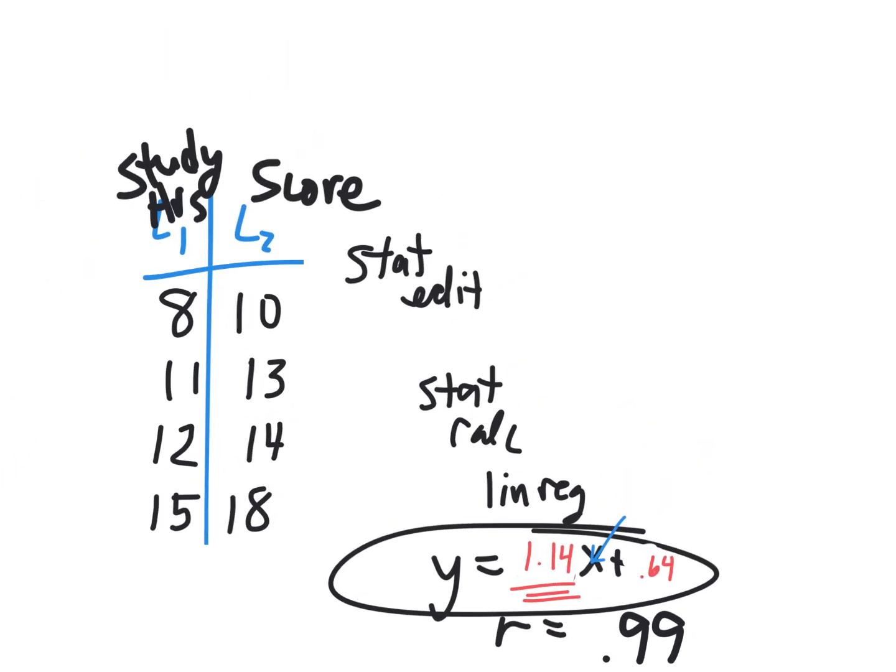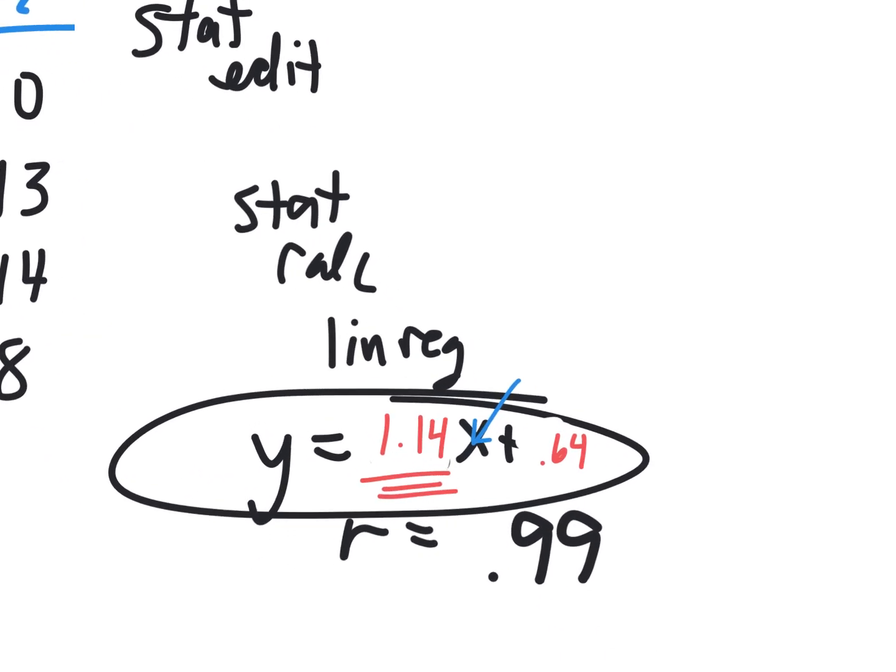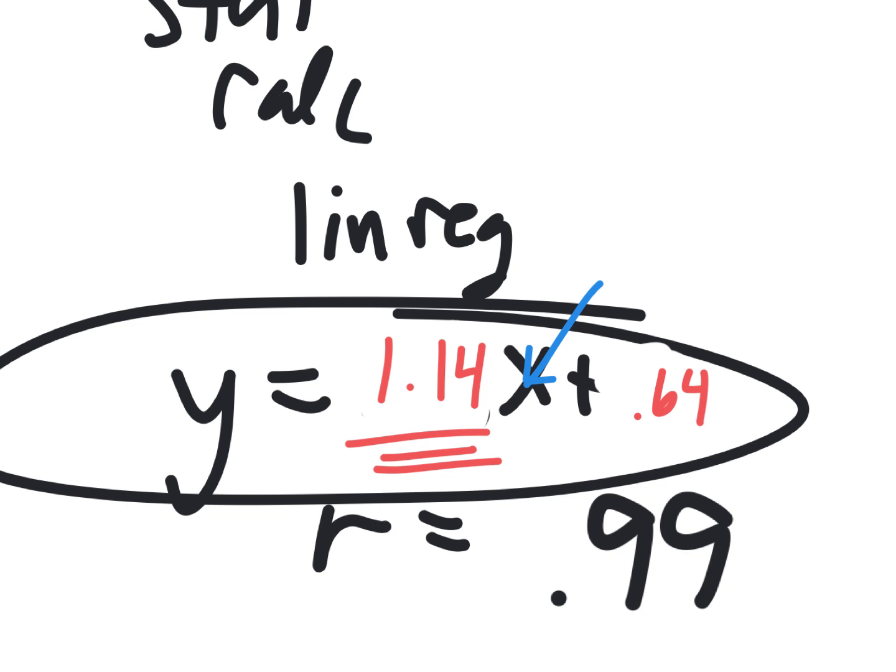Look, the X was the study hours, the Y was the score. I told you the score, so I told you the Y. You can't just always stick things in X. I told you that the score was a 20, that means the 20 goes here. Who put their 20 there? Okay, good.